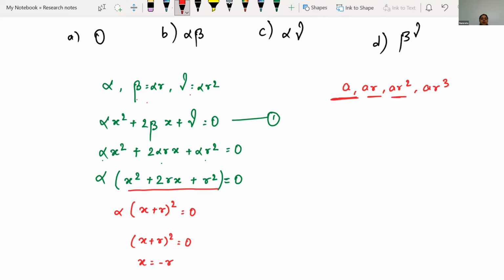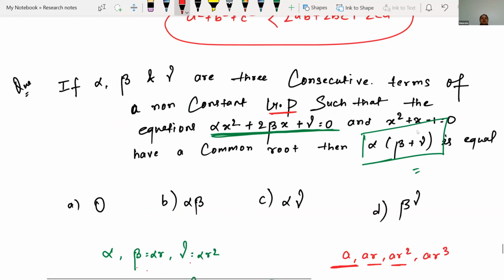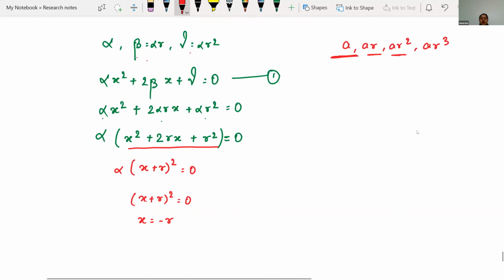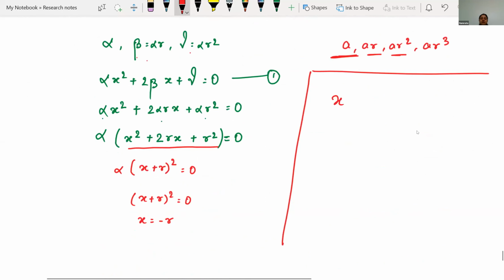Now let's see what can be done with the other equation. The other equation is also given, and it's written in the question itself that both equations have a common root. So the other equation is x square plus x minus 1 is equal to 0. In the question it is written that equation number 1 and equation number 2 have a common root.